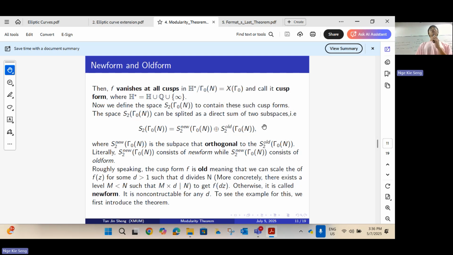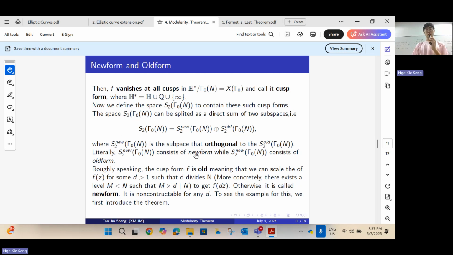Do you mean how to recognize the difference of the new form and old form? Do you mean like this? Oh, old form is when we substitute the d into the f, I mean f to the f(dz), then it can become an element of another level of this space.